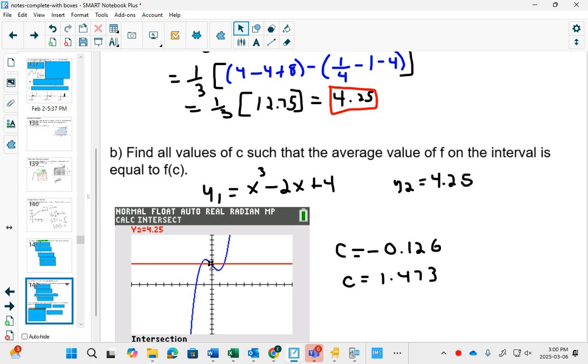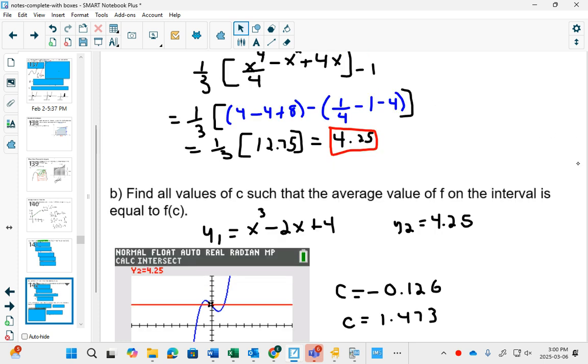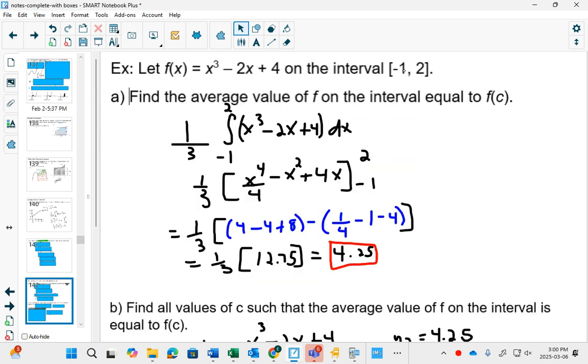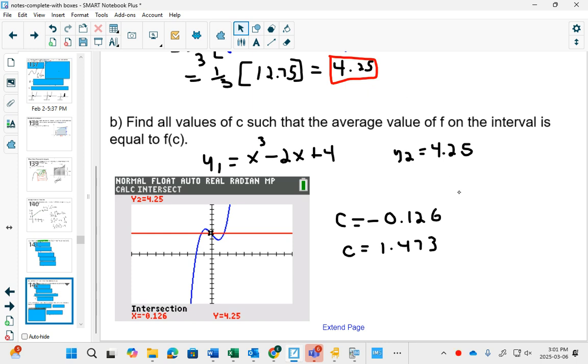Oh no, sorry, this one's at -1.26. And we're only looking on the interval from -1 to 2, so you're only looking here to here. And you see that there are 2 places where that red line intersects.